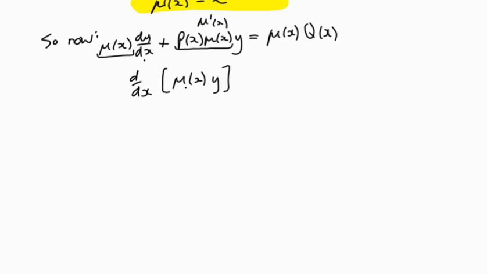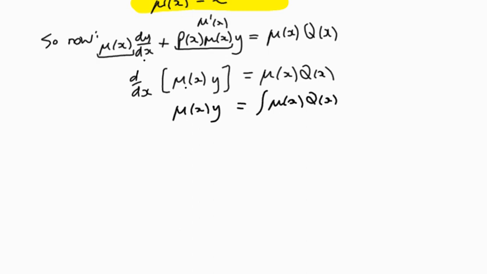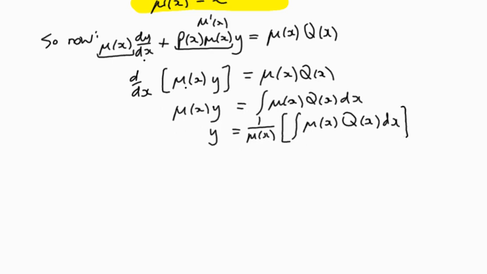We've got our product rule set out, equals mu of x q of x, which means that if we integrate both sides, we get mu of x y is equal to the integral of mu of x q of x with respect to x, which means that y itself is 1 over mu of x times the integral of mu of x times q of x with respect to x. Okay?